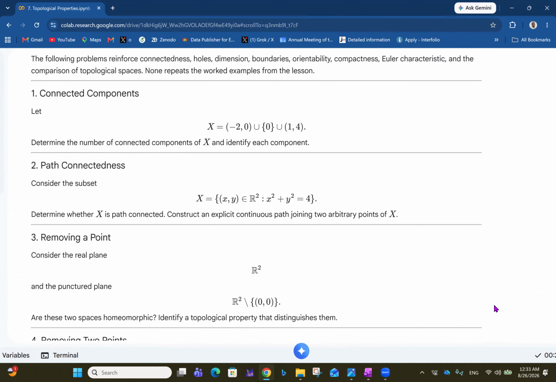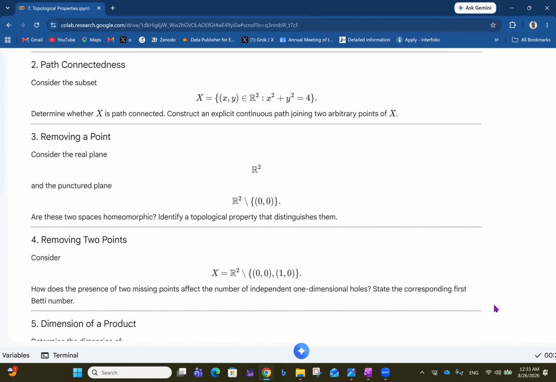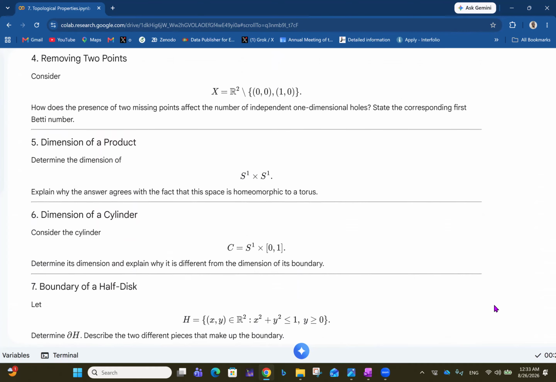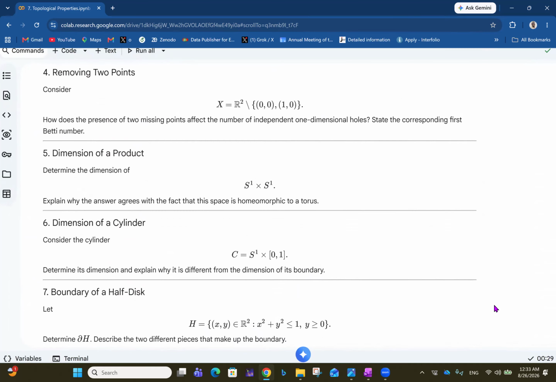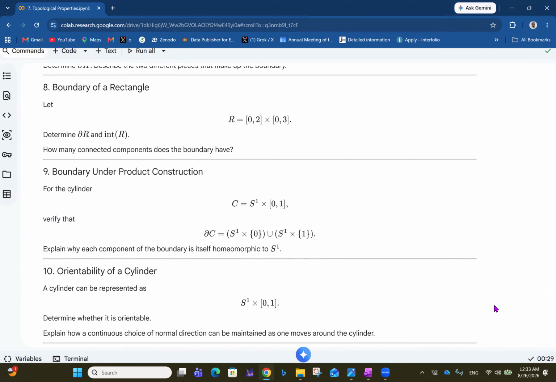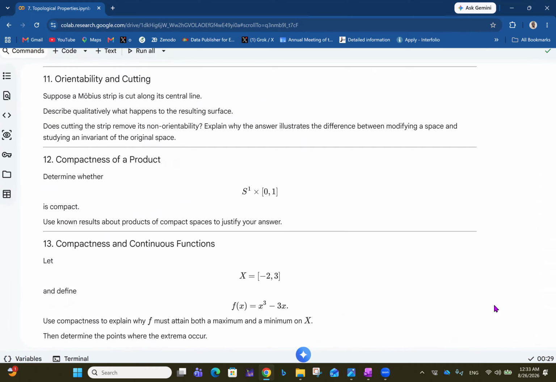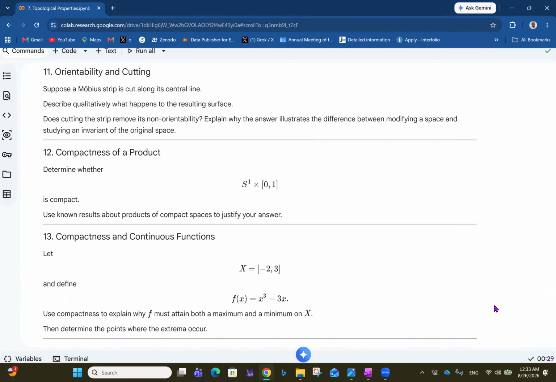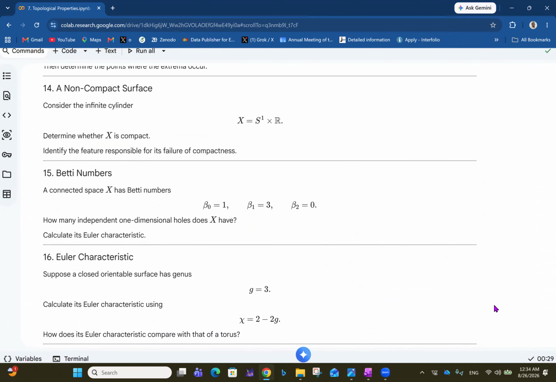So, you have questions 1 to 3 right here, then 4 to 7, then 8 to 10, then 11 to 13, and 14 to 16.